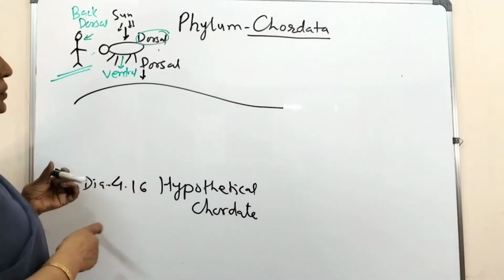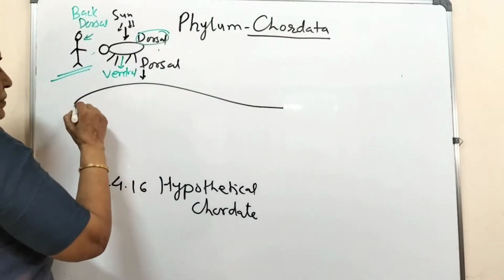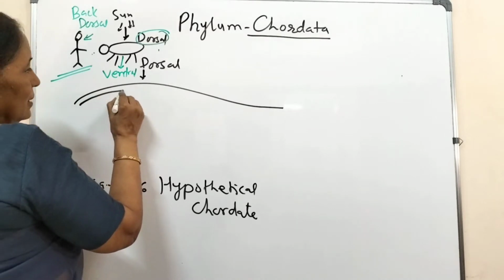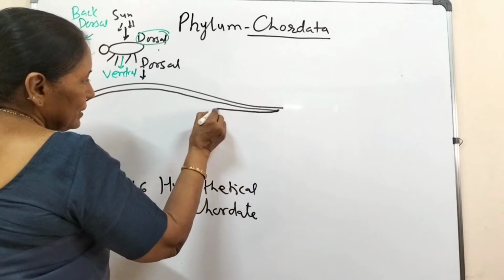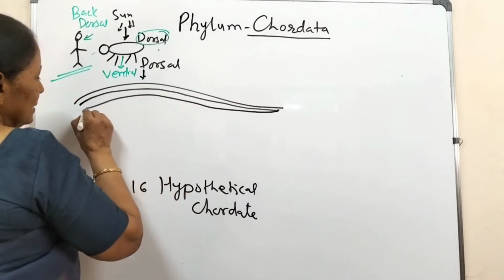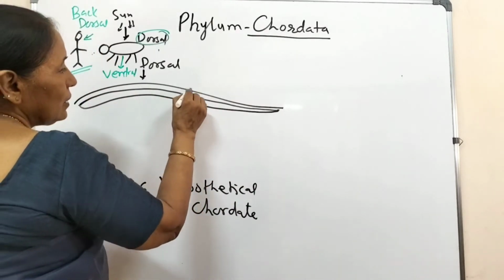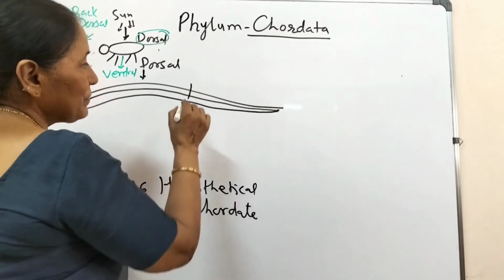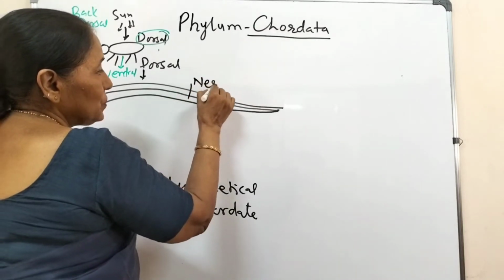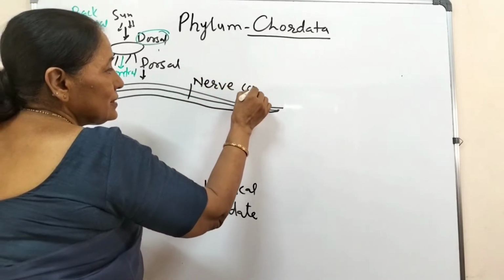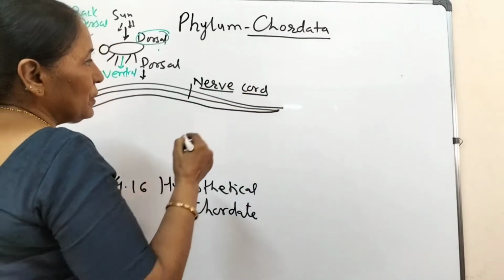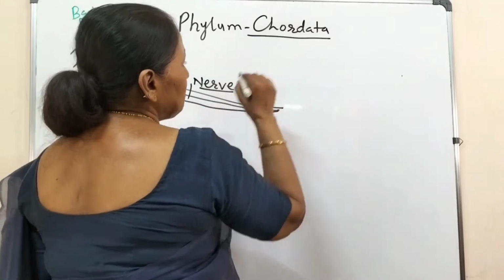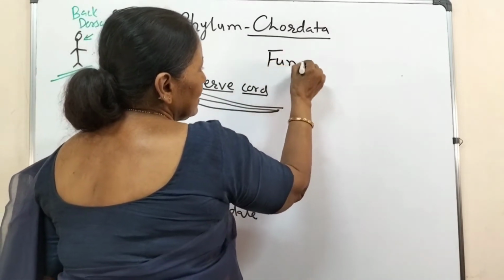Now we are going to draw some structures. First, on the dorsal side there is a dorsal tubular nerve cord. This is not notochord, this is nerve cord. So 3 fundamental points we will be seeing.